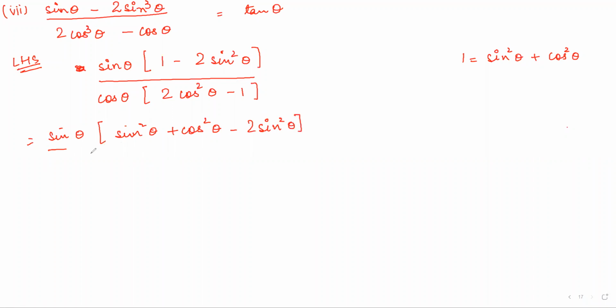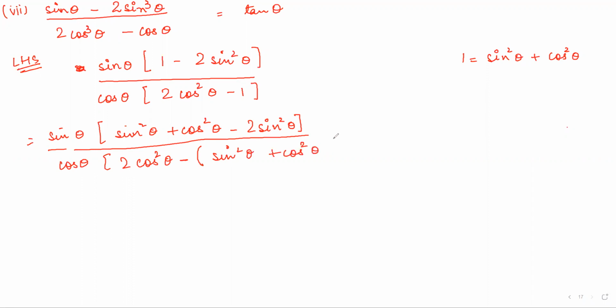And similarly in the denominator, I can do cos theta, then 2 cos square theta. Now you have minus, so put a bracket: sine square theta plus cos square theta, right? So it will come sine theta into, now sine square theta minus 2 sine square theta, so I'll get minus sine square theta, correct?